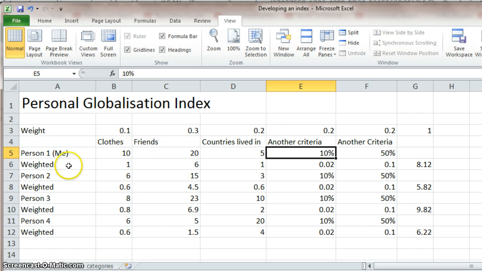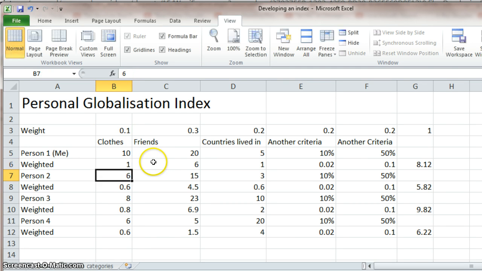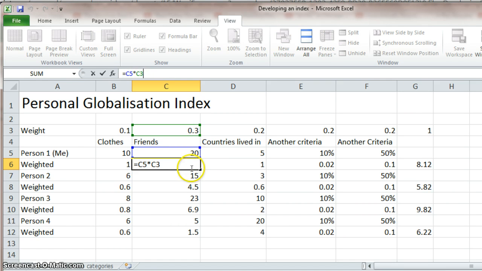So all we did to work out the weighted item was, as you can see up here, we did B5, so what the actual number was, times by the weight we had. So we did 10 times by 0.1. Okay, so over here we can see we did 20 times by 0.3. So that's there. You can see it's highlighted now.